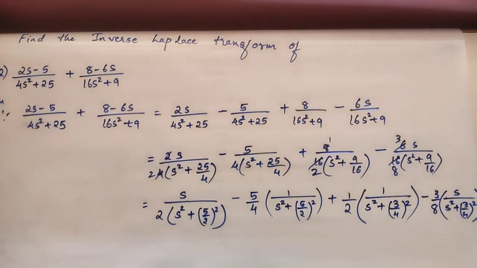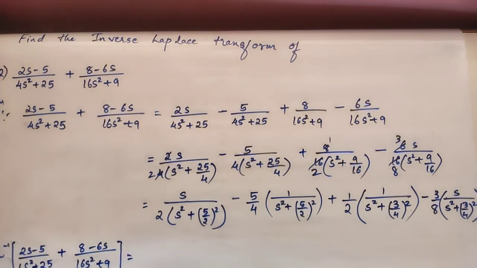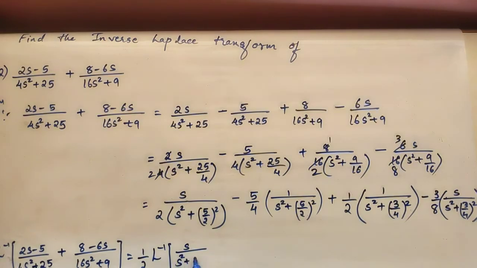Now we have to take L inverse on both the sides. We have simplified it enough. So let us take L inverse on both the sides. That is L inverse of 2s minus 5 divided by 4s square plus 25, plus 8 minus 6s divided by 16s square plus 9. It should be equal to L inverse of each of these terms, is it not? So it will be half constant because it is 1 by 2 here. L inverse of s divided by s square plus 5 by 2 whole square you have to take.